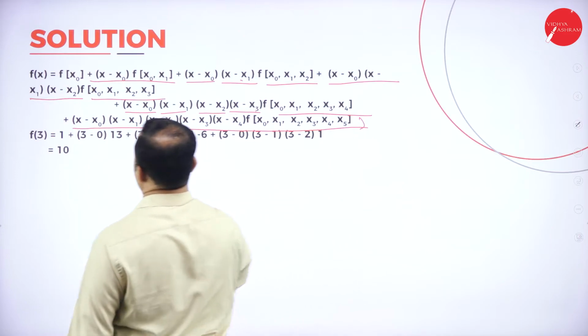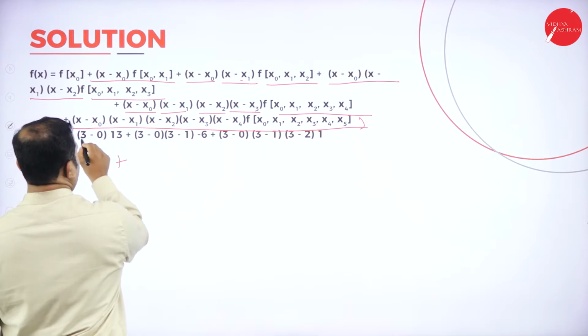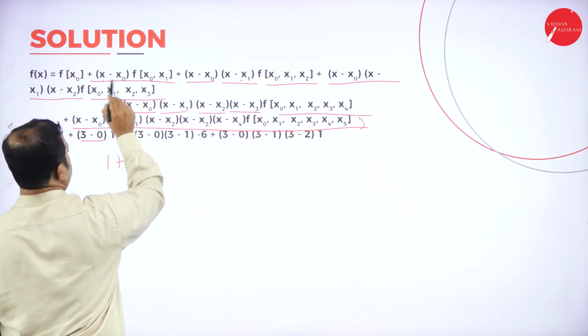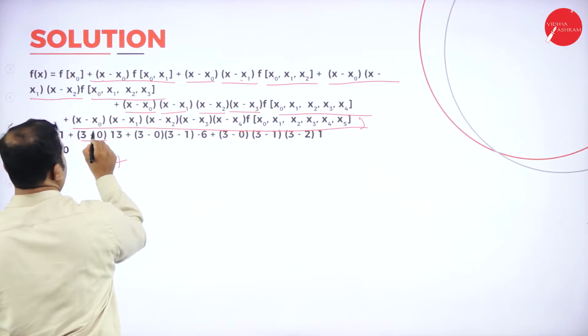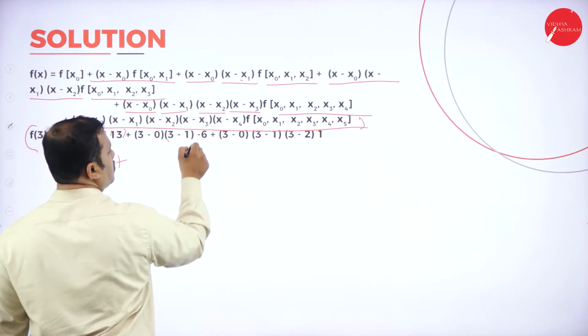To get the fifth term, so f of 3 is equal to what? 1 plus 3 minus 0, that is x minus x0. What is the value of x? It is 3. 3 minus 0 into 13. Plus 3 minus 0 into 3 minus 1 into minus 6.